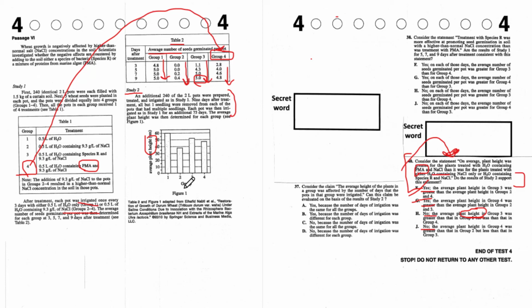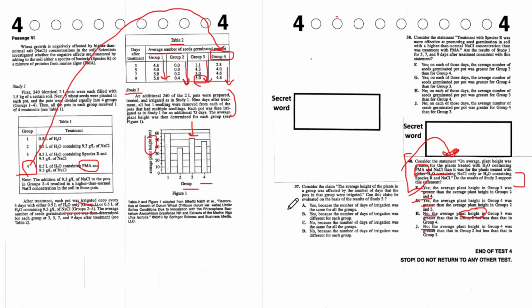Okay. So here are the groups. Here's group 4. But wait, group 3 is higher. We saw that over here, right? With the germinated plants. But now we're talking about the right thing. So answer choice H says, no, the average plant height for group 3 was greater than 2.